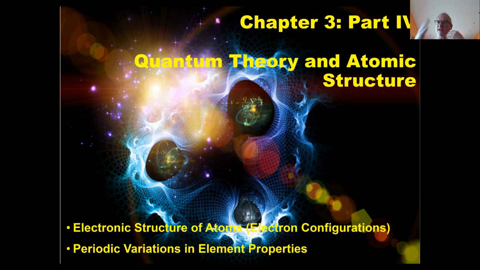What I want to do now is show you that there's a connection between the electron configuration, how the electrons are arranged outside the nucleus, and the chemical properties of all the atoms.